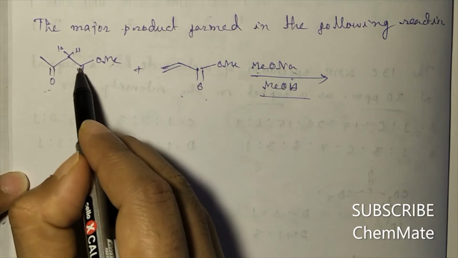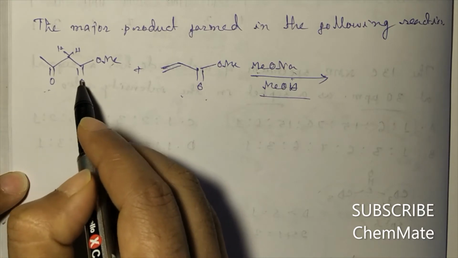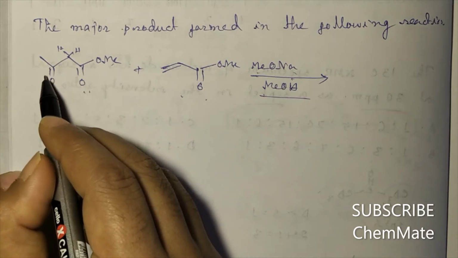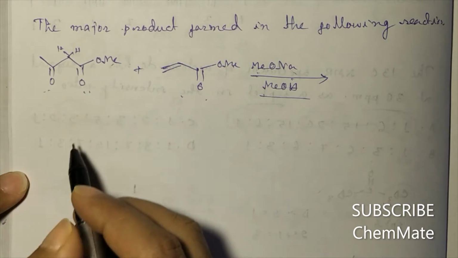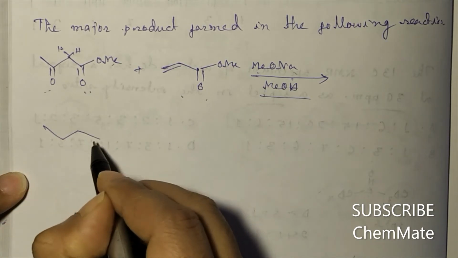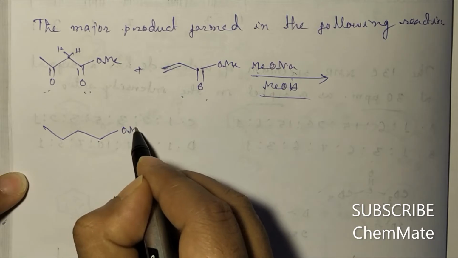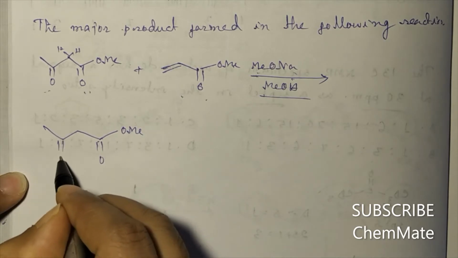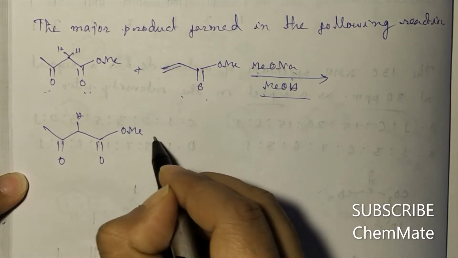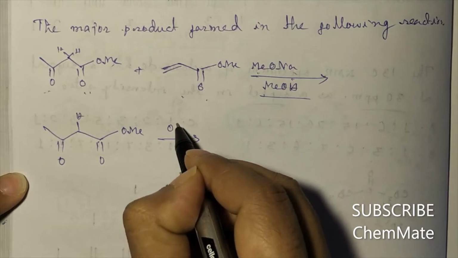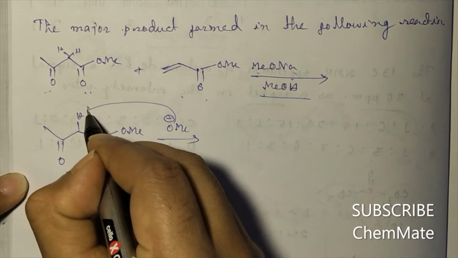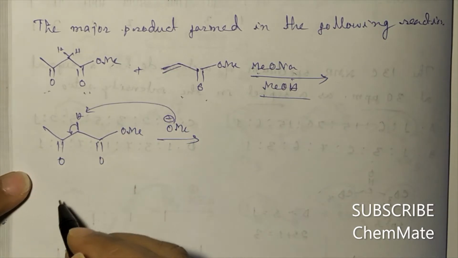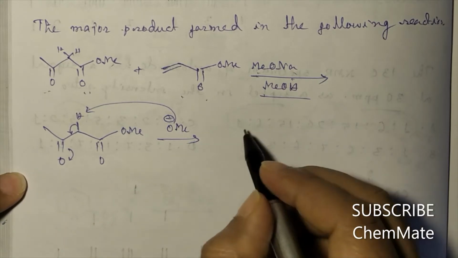Because two C=O carbonyl groups are there and they are pulling electrons, so these hydrogens are acidic. In presence of a strong base, one of these protons will be abstracted by the base, so the corresponding enolate will be formed.